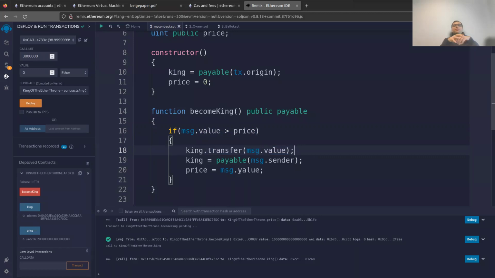So you see, the problem with this contract is that it has a race condition. If I have 2 people who want to become king at the same time, let's say, and one of them creates a transaction to become king by paying 1 Ether, and the other one creates a transaction to become king by paying 2 Ether. Now, if they do these transactions at almost the same time, it's completely up to chance which one of these two transactions is going to be seen by the miners first and mined first and put on the blockchain first.